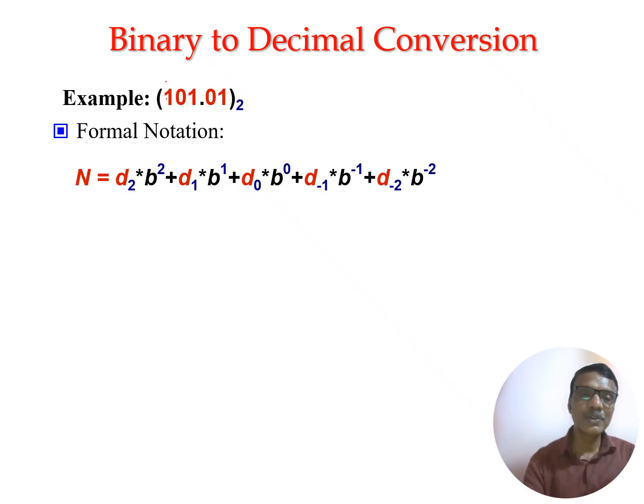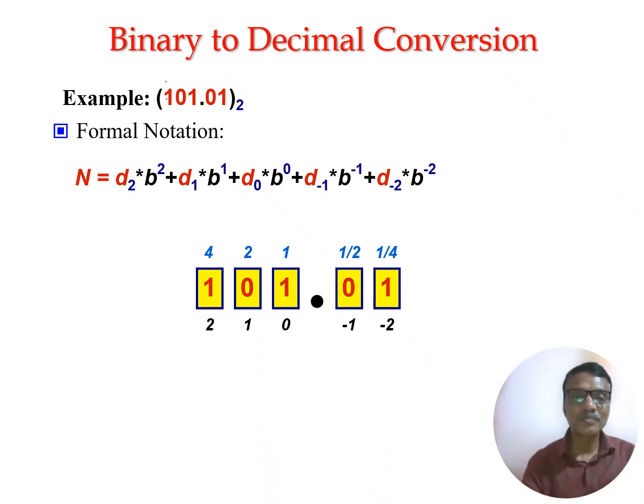So this is the digit value, D2 is this value, and into B is here 2, that is 2 power 2 plus like this. So 1, 0, 1, its position value base power 0, base power 1, base power 2. And then after the decimal point, base power minus 1, base power minus 2.